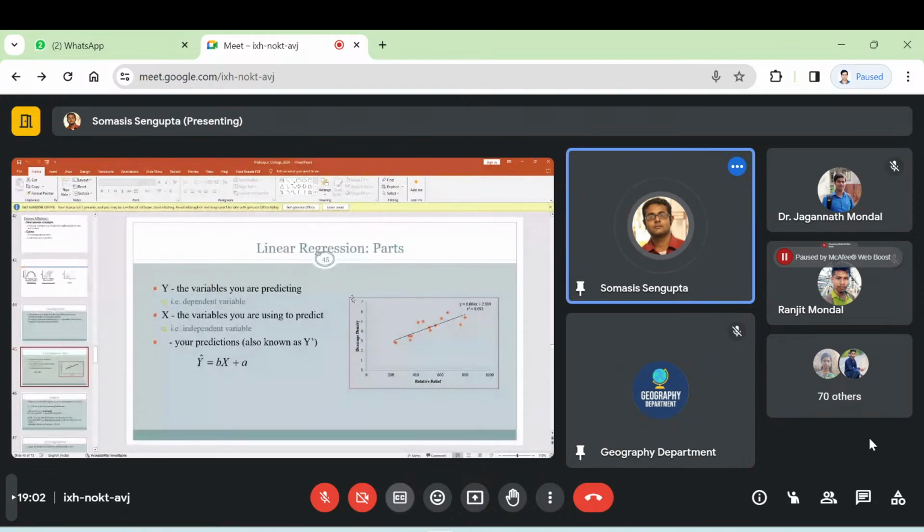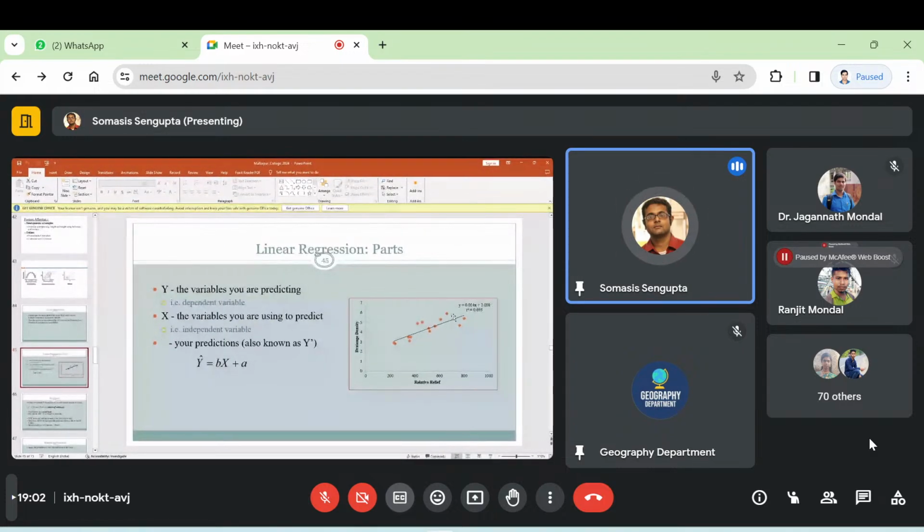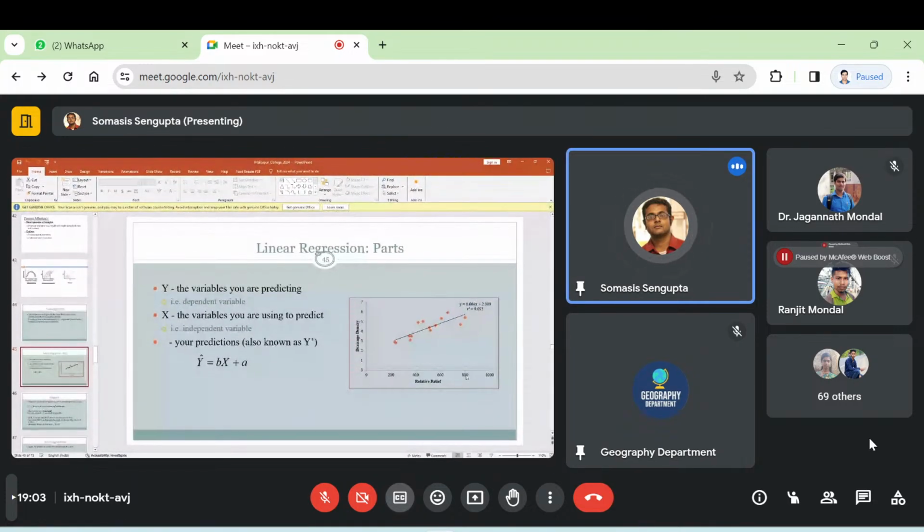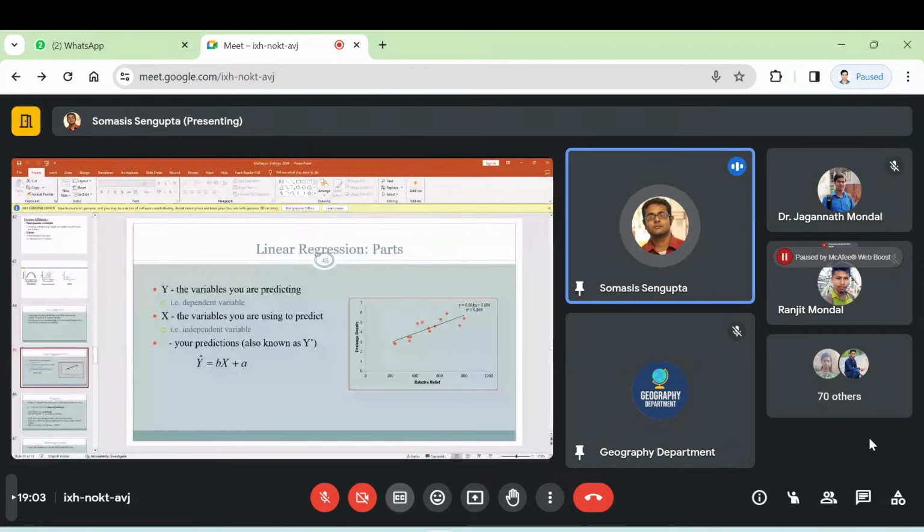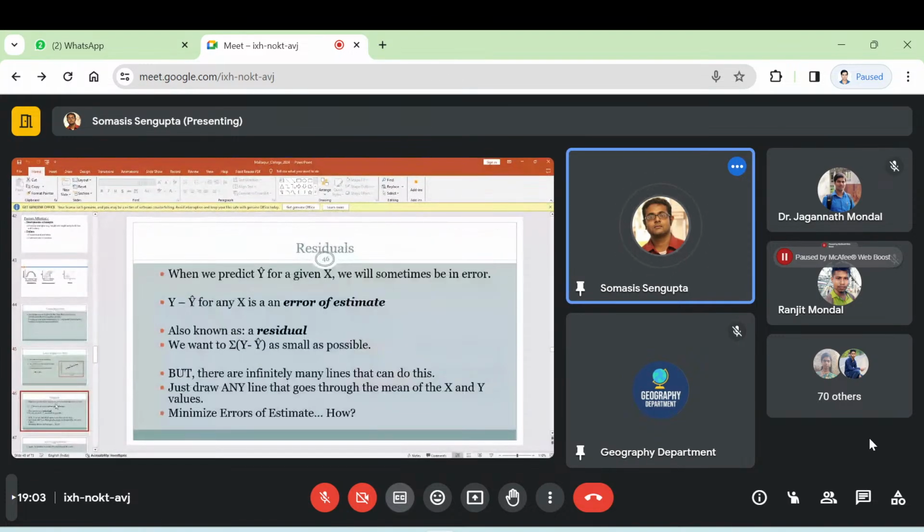So there are some process, and basically this is the equation. Y is equal to 0.004x plus 2.009. So now for any value of relative relief, I can get the value of drainage density by just substituting the value of relative relief for x. So this helps us in prediction.